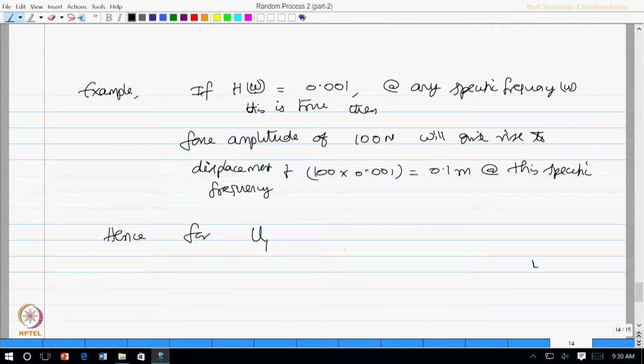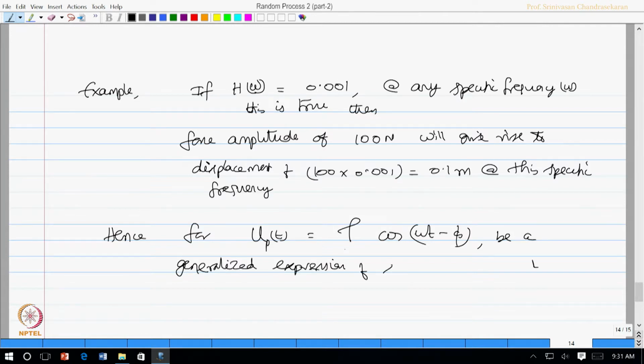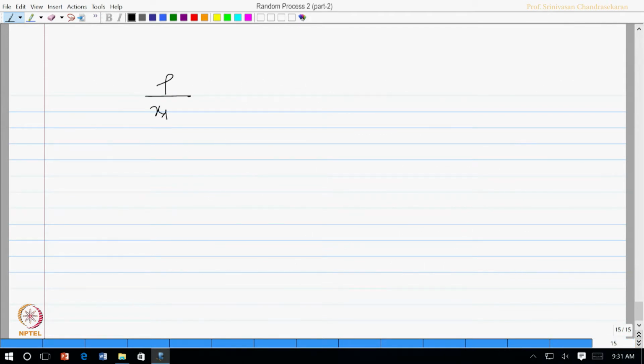Hence, for the particular integral u p of t, which is rho cos(omega t minus phi), a generalized expression of the steady state response, rho by x static can be simply said as rho by P0 by k, which is the D value.